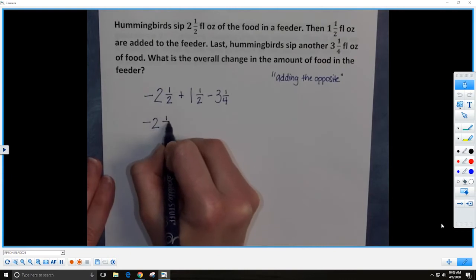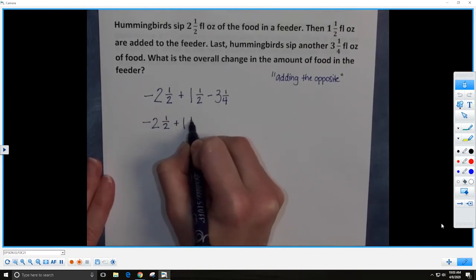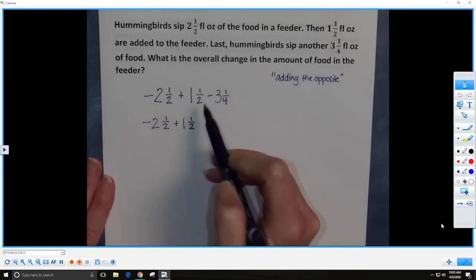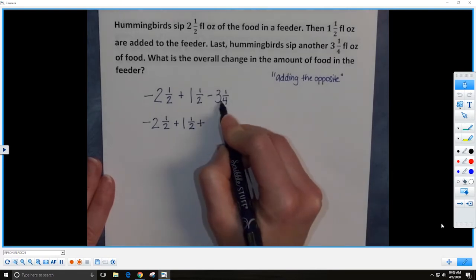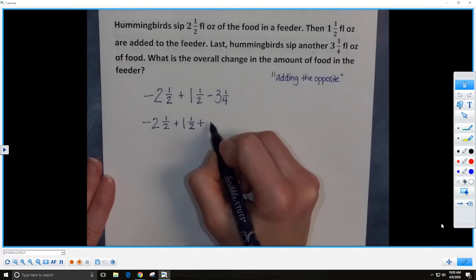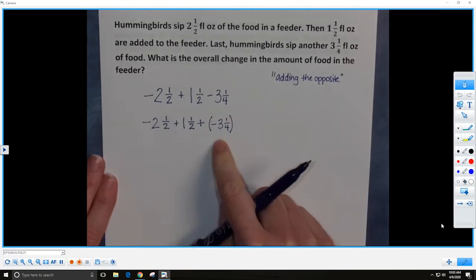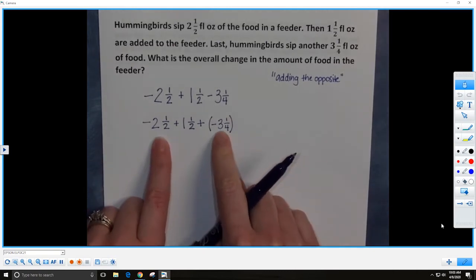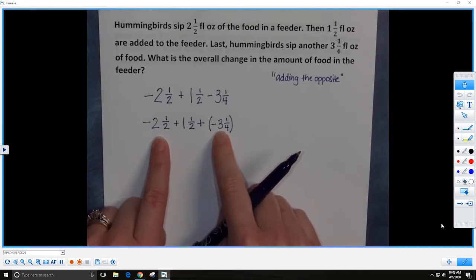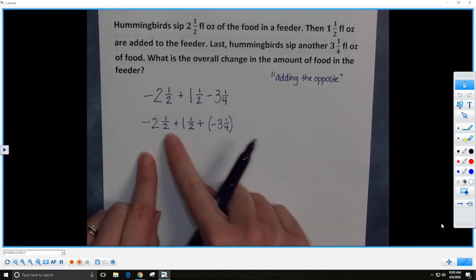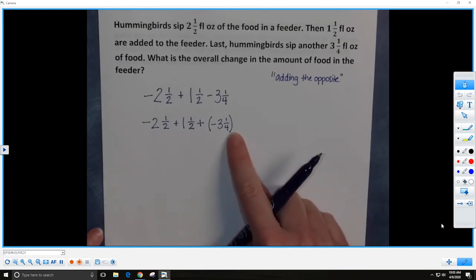I'll leave this addend, and remember that we add the opposite. Well, the opposite of 3 1/4 is negative 3 1/4. So yes, both of these values are negative, and they are negative because they represent food being taken from the feeder. So now we have this expression.